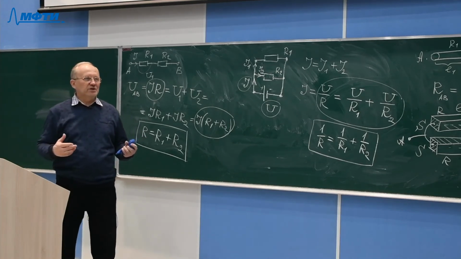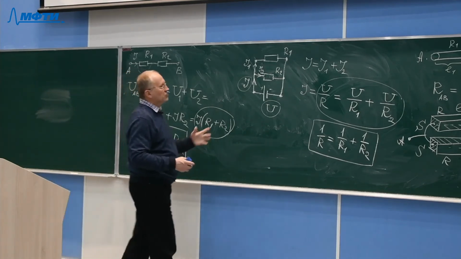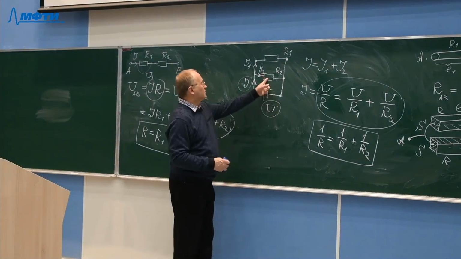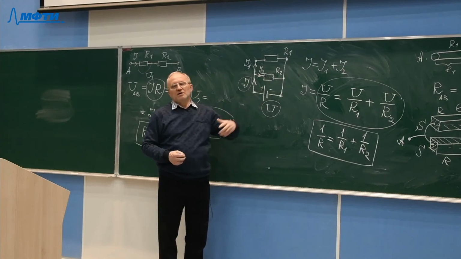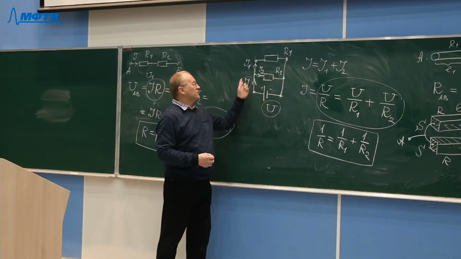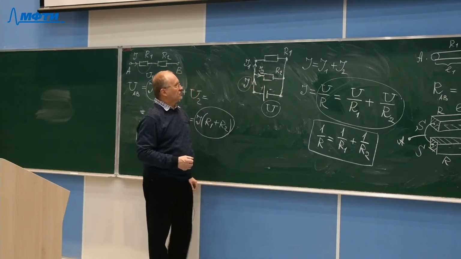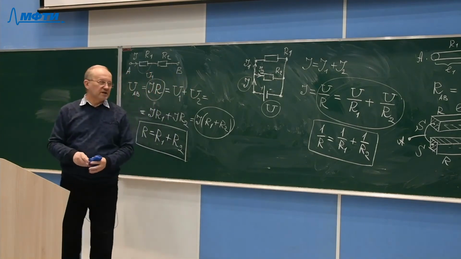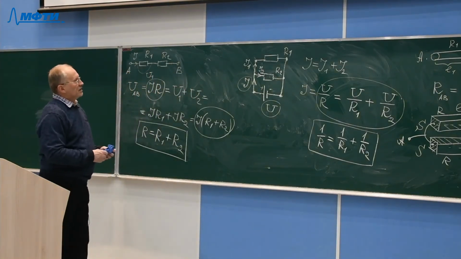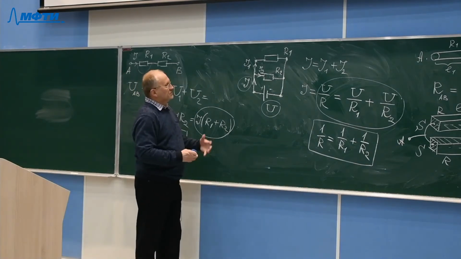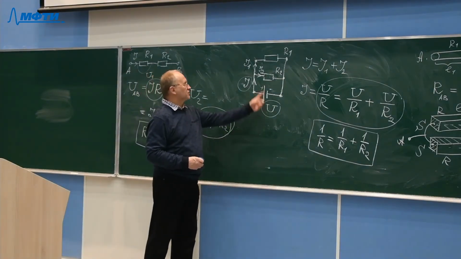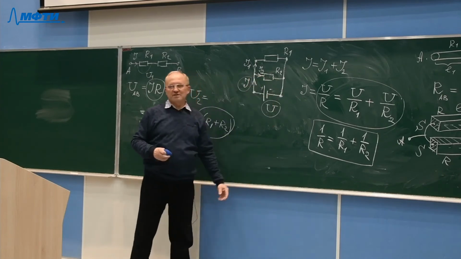For example, if a current flows through a wire or through a simple resistor, then the resistor will be heated, because some electric energy will be released in this resistor. Heating is one of the manifestations of electrical current which flows through a resistor.